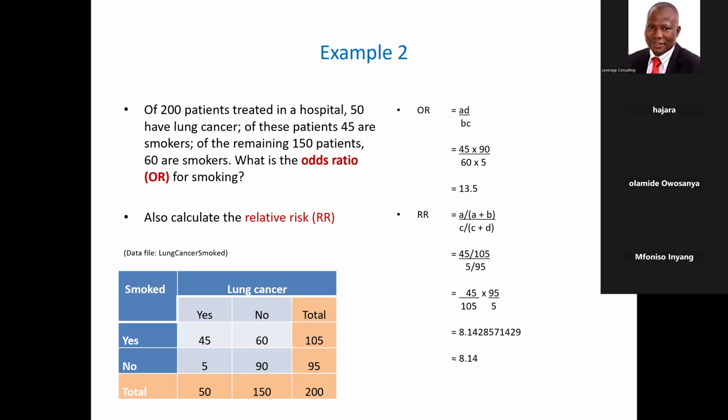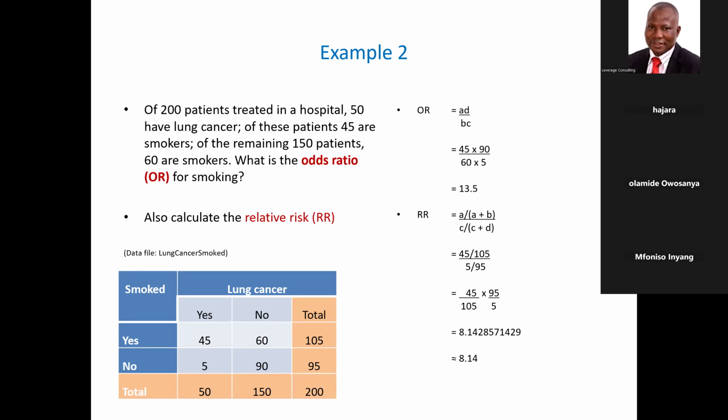So if you look at our calculation, 45 times 90 over 60 times 5: 45 is A, D is 90. That's why the odds ratio is AD over BC. C is the 5, all over BC.